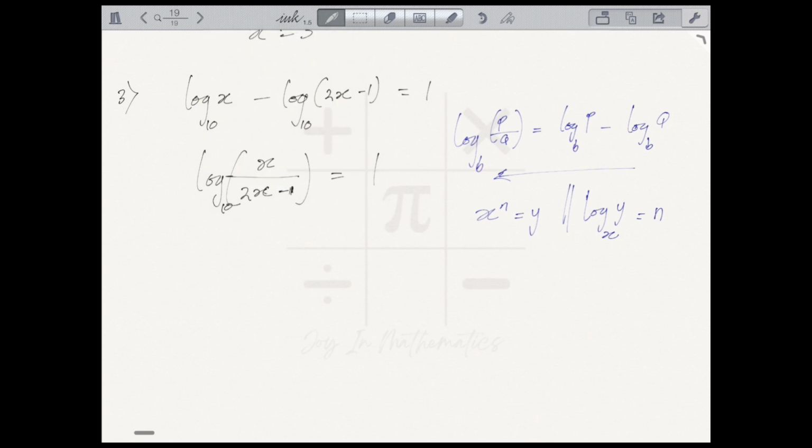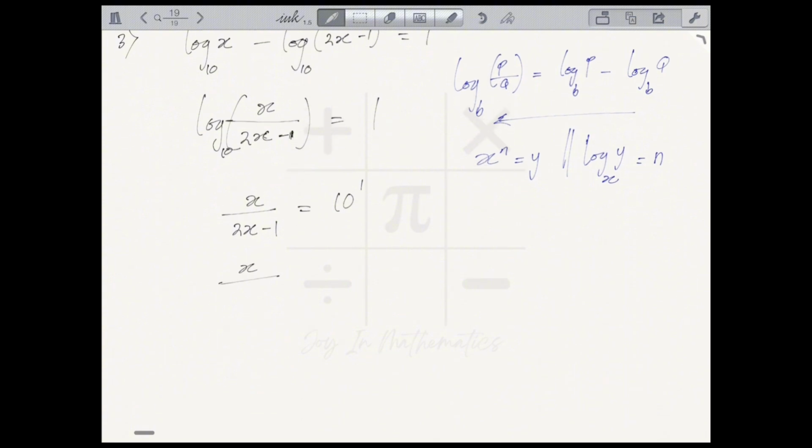Therefore, all we have to do is to convert log x over 2x minus 1 to base 10 is equals to 1, to its index form. So we have x divided by 2x minus 1 is equals to 10 raised to the power of 1.